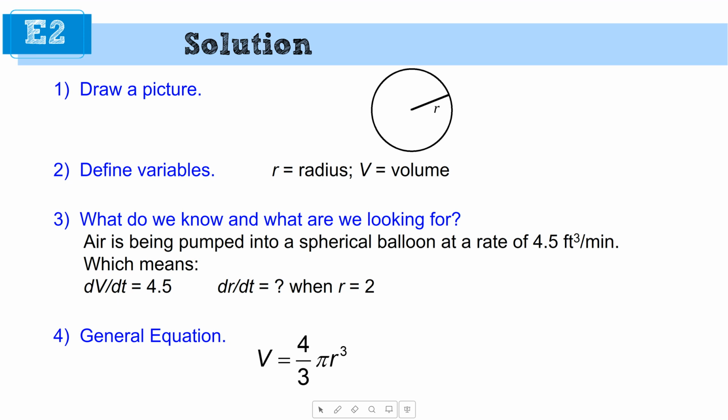Elliot, you get it? No, not yet. What's the derivative of r cubed? 3 dr/dt. Close. What's squared?